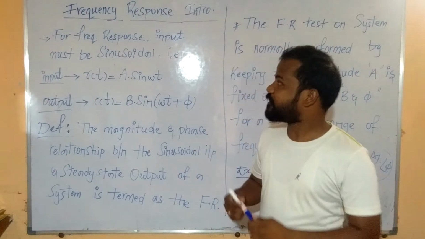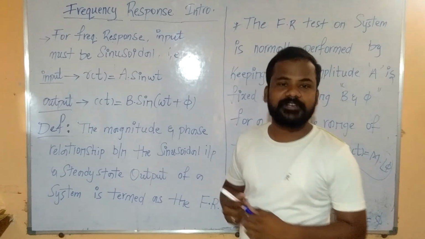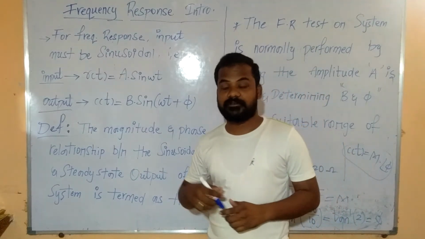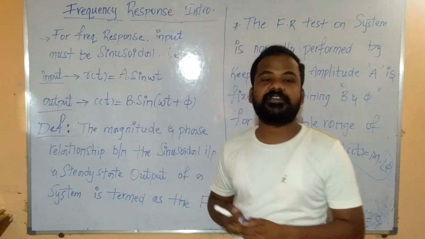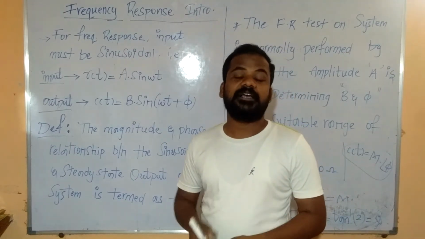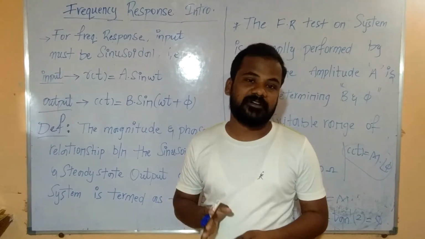Here, the procedure we need to follow whenever we study frequency response analysis is this: when we are talking about frequency response analysis, the input must be a sinusoidal function.